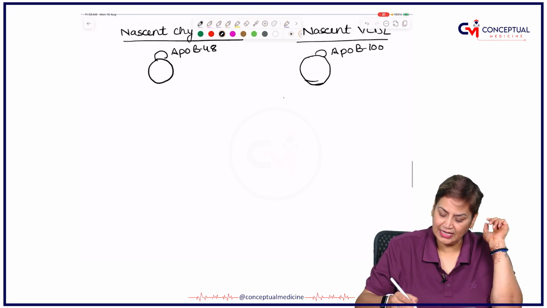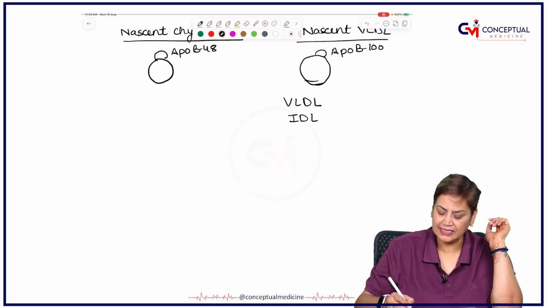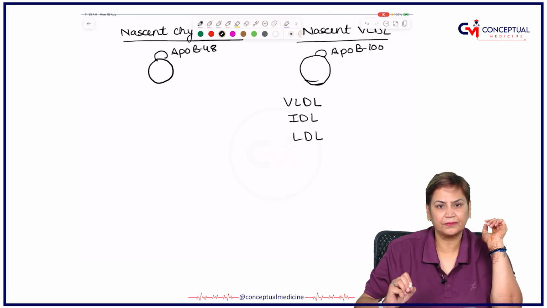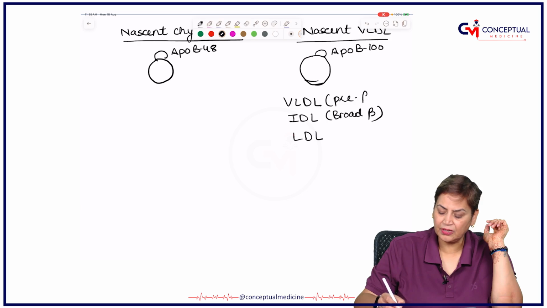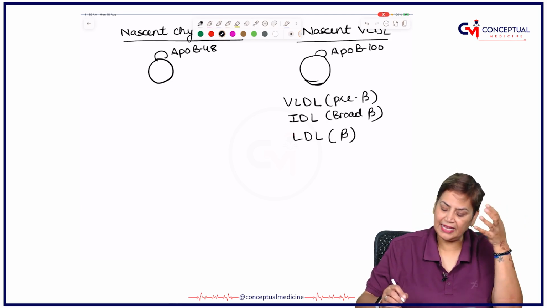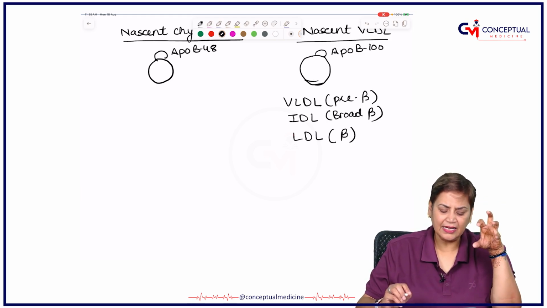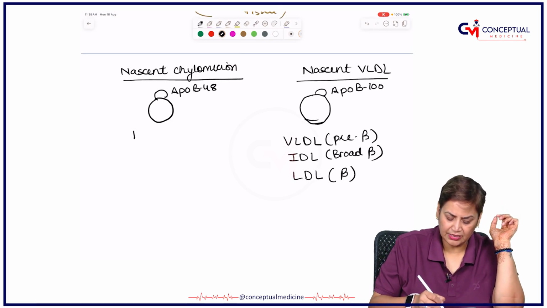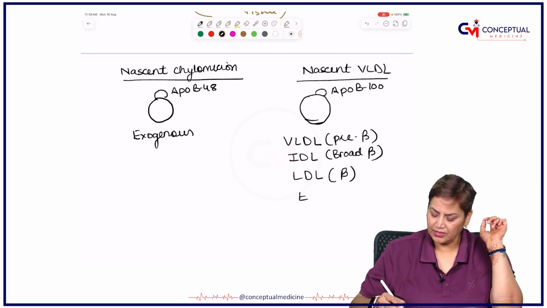And VLDL metabolism is associated with, obviously VLDL, IDL, and LDL. IDL is the broad beta fraction, VLDL is the pre-beta fraction, and LDL is the beta fraction. So these are also known as the beta lipoproteins, and HDL is the alpha fraction. HDL's metabolism is altogether different. So we can say chylomicrons are exogenous, VLDL endogenous.